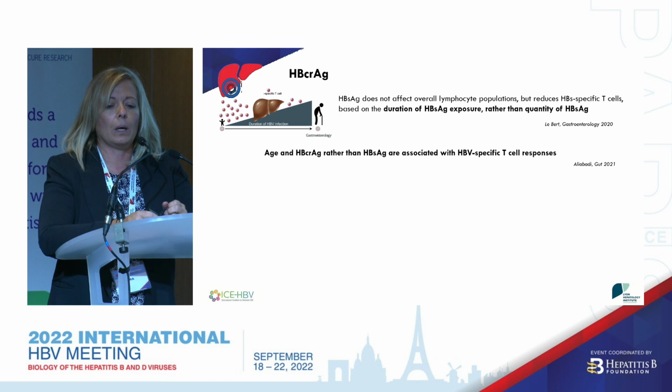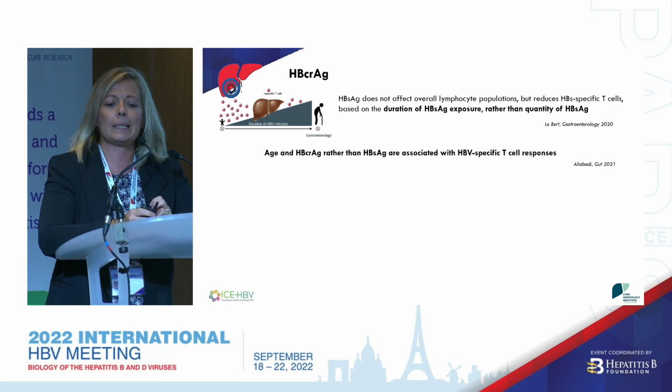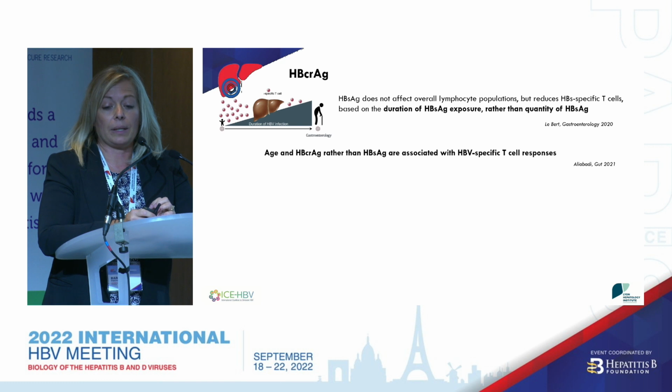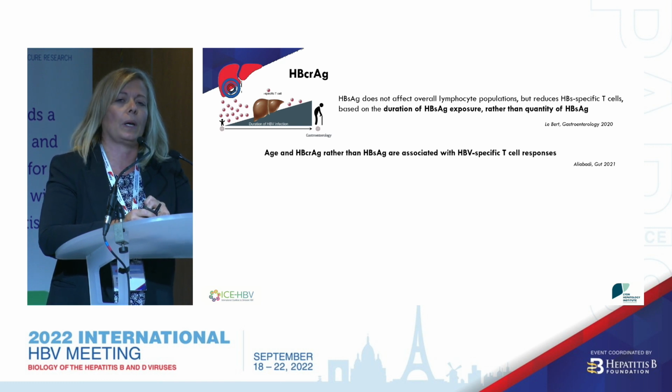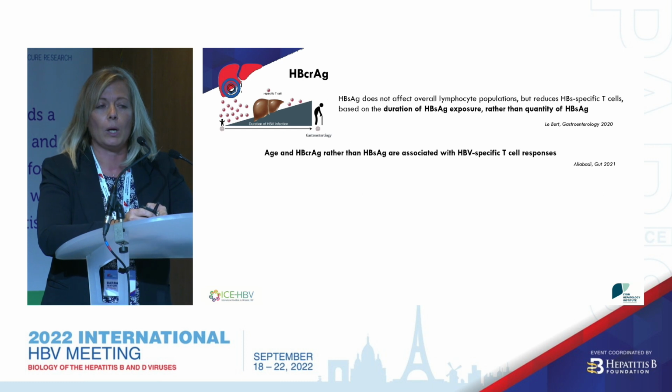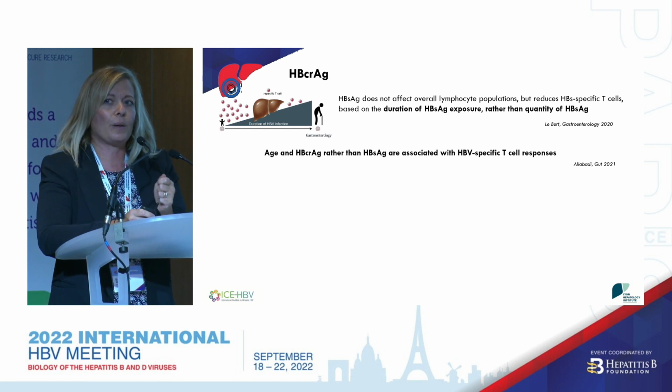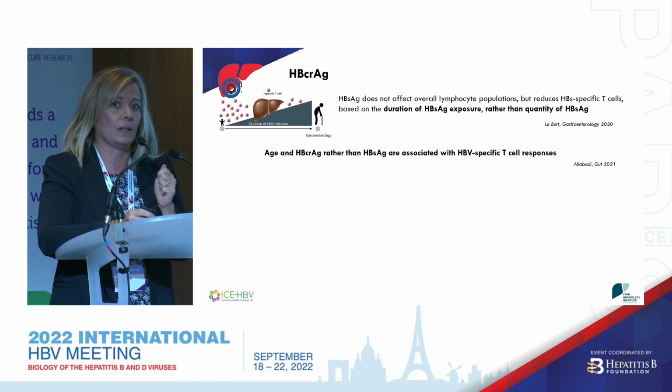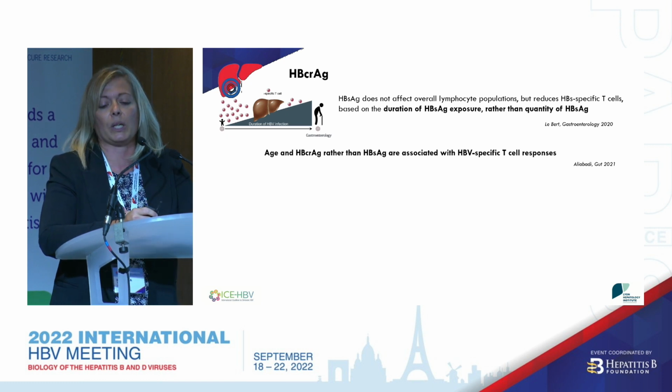Moreover, to make the picture a bit more complex, Nina Lebert showed that HBs-specific T cell reduction was more associated to the duration of exposure to HBs than to the overall quantity of HBs in the serum. So putting the length of duration of infection of the patients, and thus the age, in the picture.